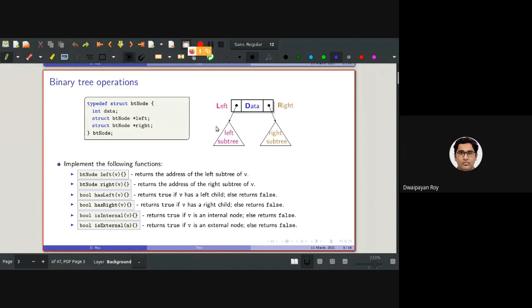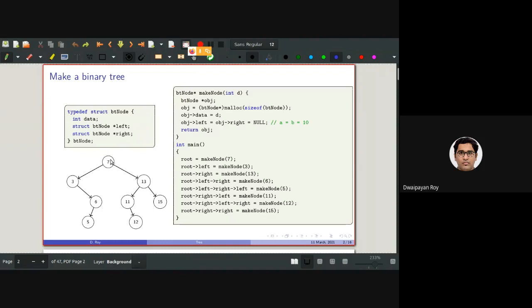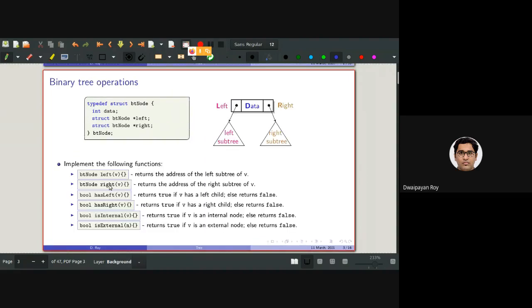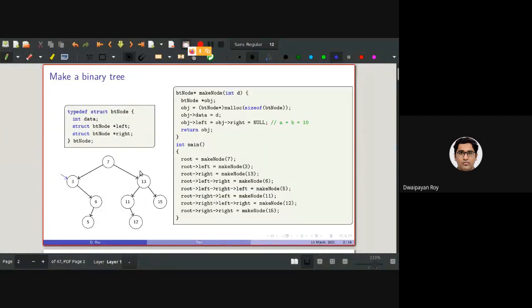So for example, for this tree, if I pass on this node, then this bt left v will be returning the subtree, with the pointer pointing to this node, and so on. Similarly, right will be returning the address of the right subtree. For this one, this will be the returned address.